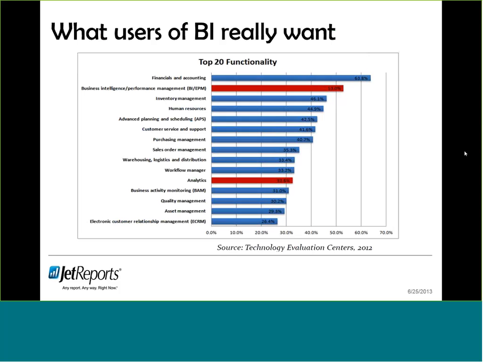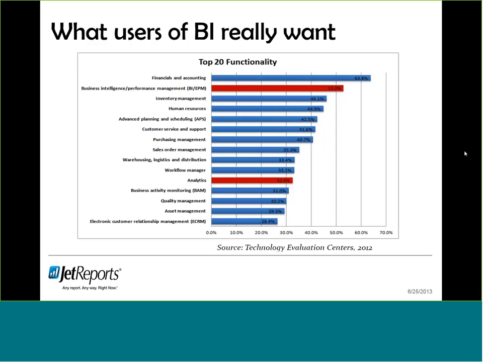So this is from the Technology Evaluation Centers. They did a big survey last year, with thousands of respondents. One of the pieces that caught my eye was a list of the top 20 pieces of functionality that the users of business intelligence really want. I have to give credit to Jorge Garcia at TEC, because he did all the hard work of this survey, and I just get to talk about it.